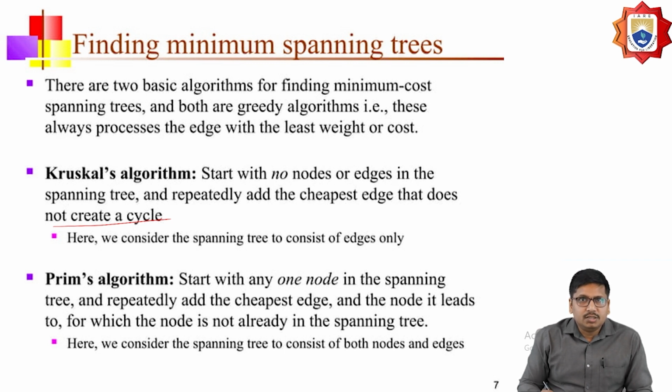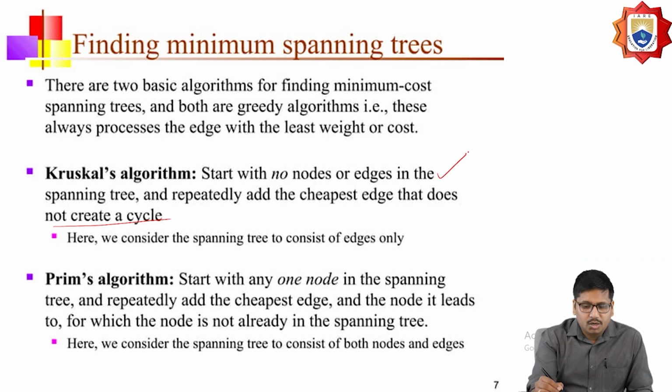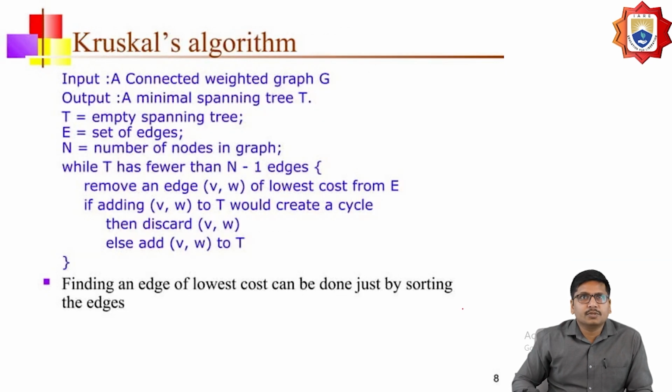Kruskal's starts with n nodes and no edges in the spanning tree, and repeatedly adds the cheapest edge that does not create a cycle. Prim's algorithm starts with any node in the spanning tree and repeatedly adds the cheapest edge. So this is the algorithm for constructing these spanning trees.